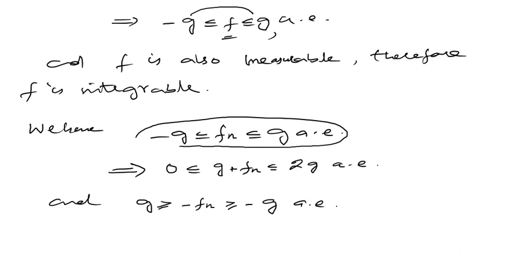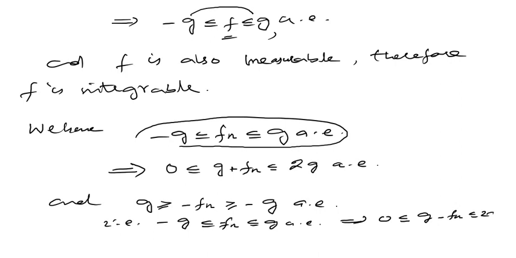Adding G throughout again, this gives that 0 is less or equal to G minus Fn and less or equal to 2G almost everywhere.